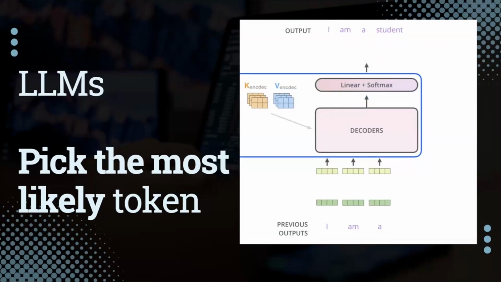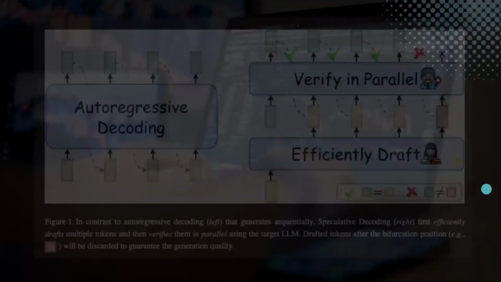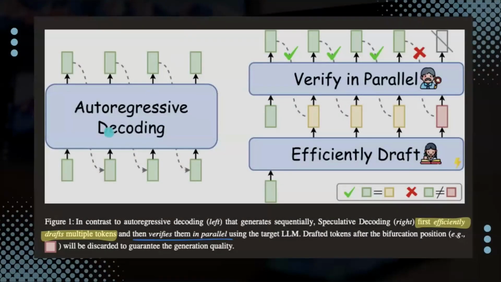Now we're going to do something a little bit more complex here. We're going to take autoregressive decoding, the classic, and rather than that, we're going to do what's called speculative decoding. We're going to efficiently draft multiple tokens. This is a quick drafter down here.